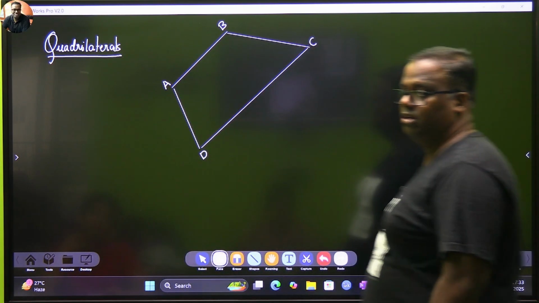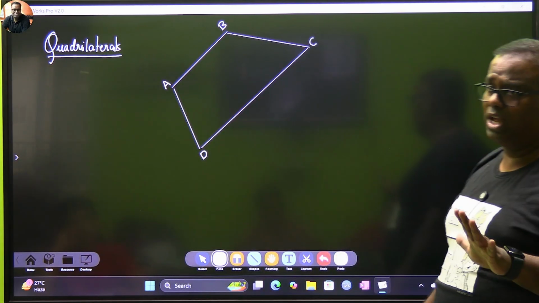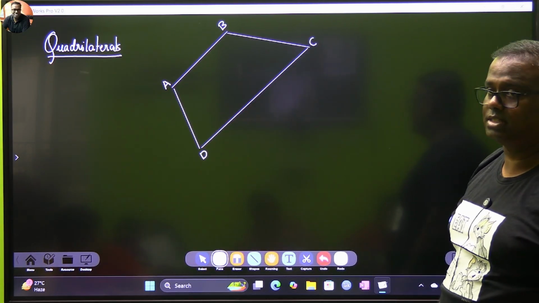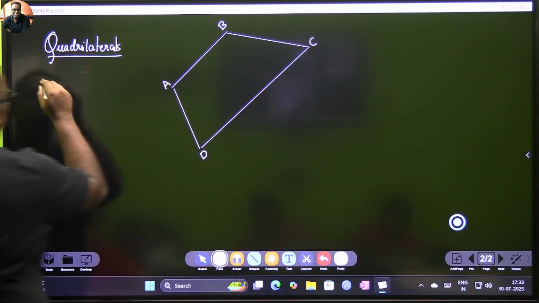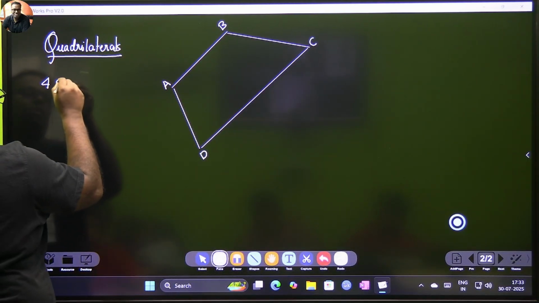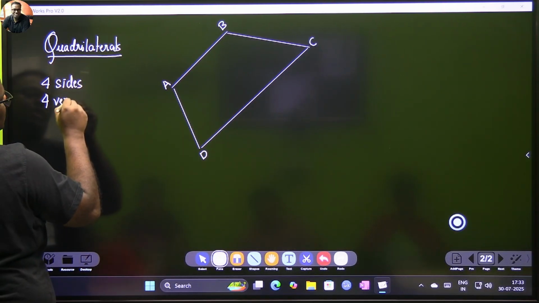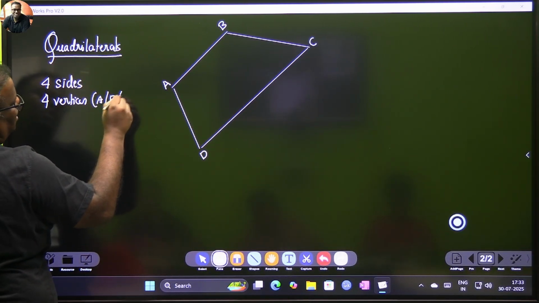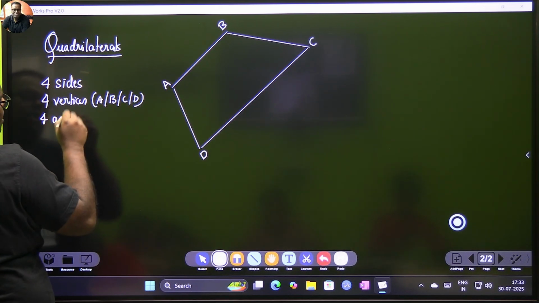This is a quadrilateral. A quadrilateral will have four vertices, so it has four angles. One is a vertex, more than one we say vertices. A quadrilateral has four sides, four vertices, and our vertices are A, B, C, and D, which means we also have four angles.